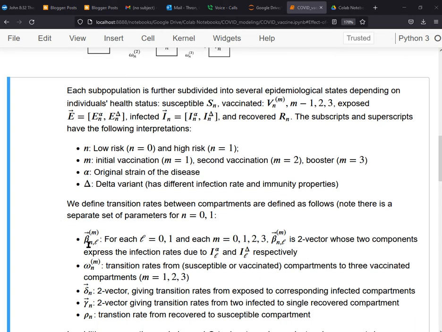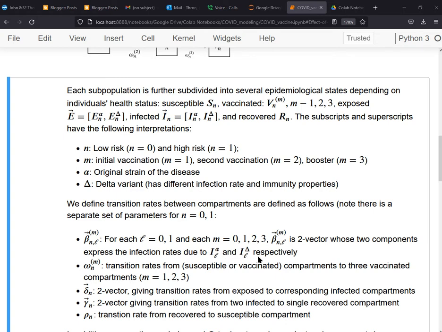All right, let's start with beta. So for each L equals 0, 1, and each M equals 0, 1, 2, 3, beta NLM is a 2-vector whose 2 components express the infection rates due to IL alpha and IL delta respectively.